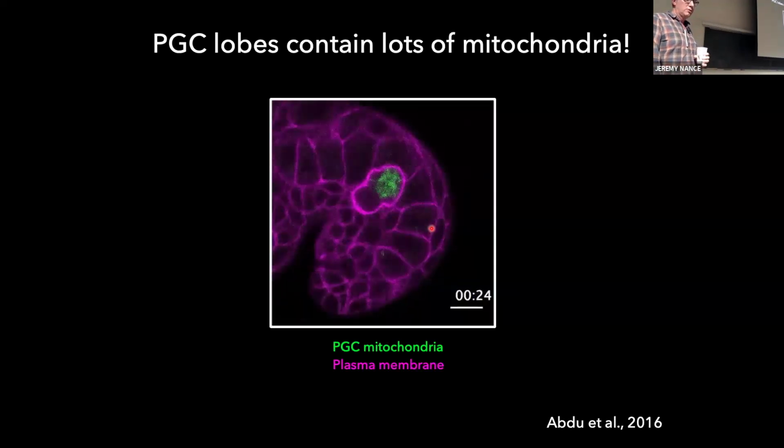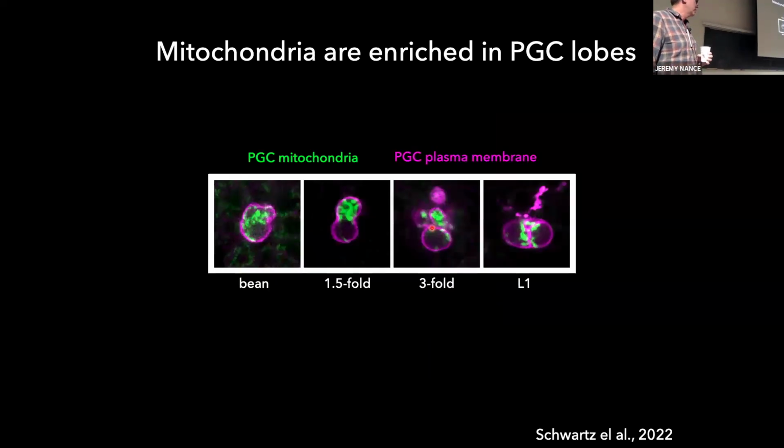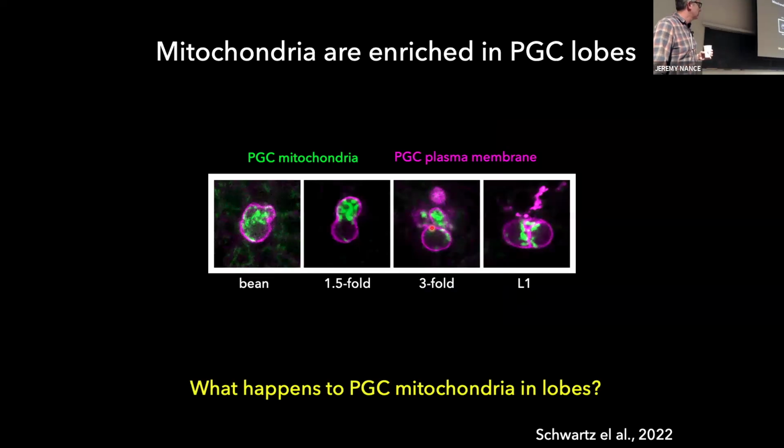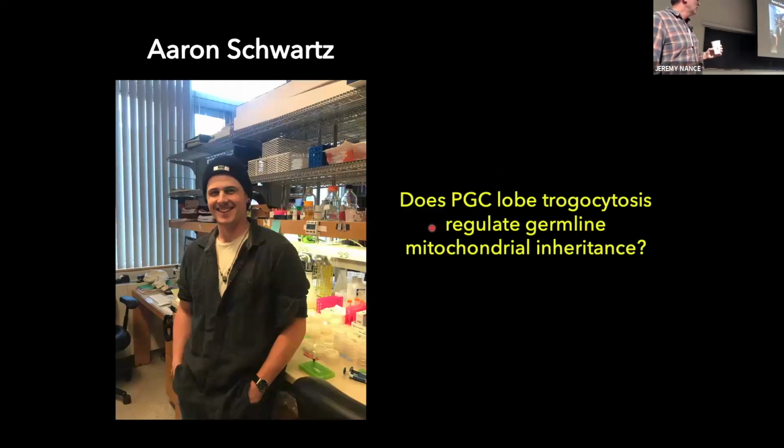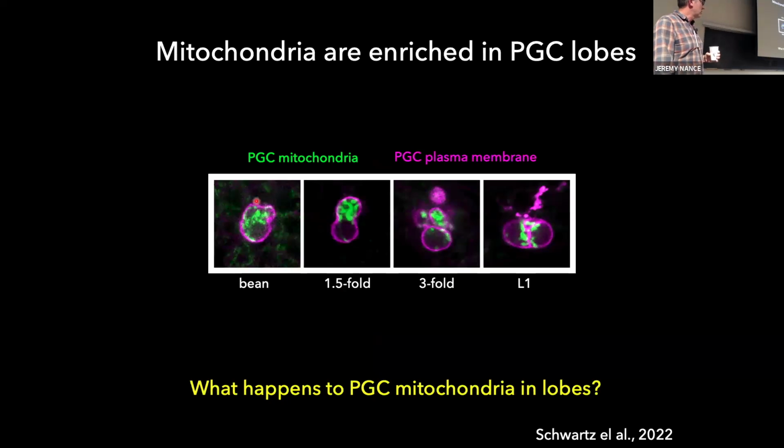So a new student in the lab, Aaron Schwartz, began to look at this. I put these slides out of order. There's Aaron. And so he wanted to know if somehow PGC lobe trogocytosis was regulating mitochondrial inheritance in the germline. And so he started by taking a closer look at what was happening with mitochondria at higher resolution.